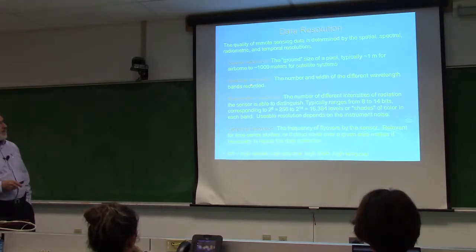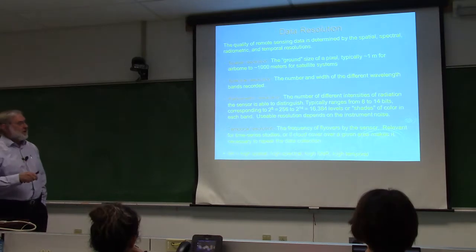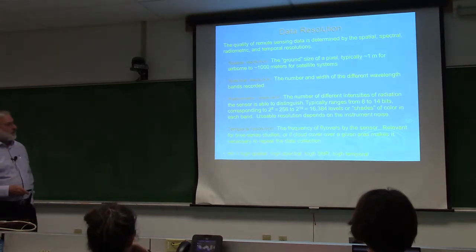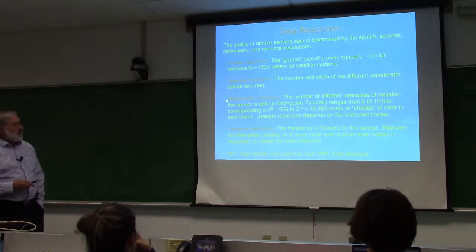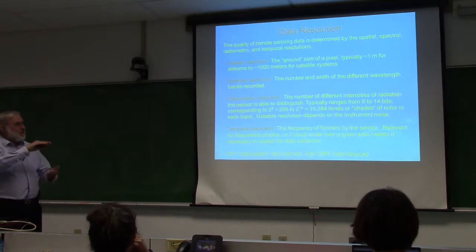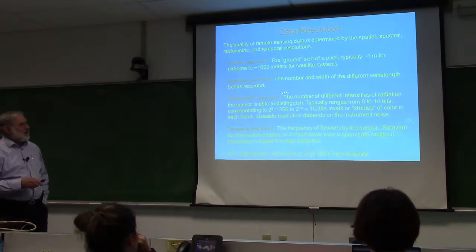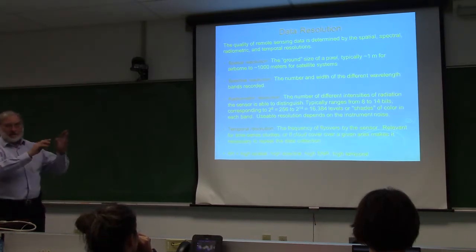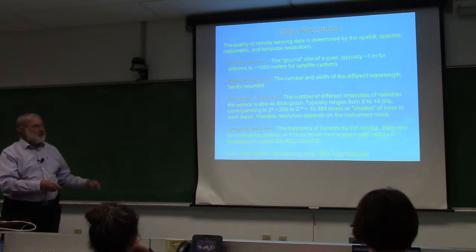Another one is the spectral resolution, which is simply the number and width of the different wavelength bands that the sensor is seeing. There's the radiometric resolution, which is simply how many different magnitudes or intensities of radiation the sensor's able to distinguish. So, for example, you'll see people say, well, this is a really old sensor, it's only 8-bit resolution.